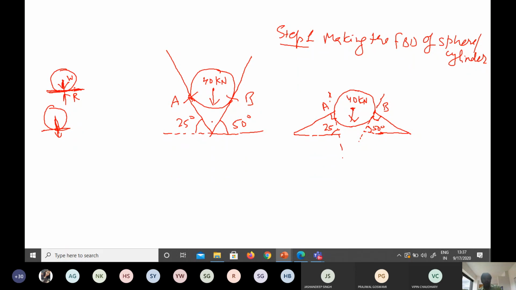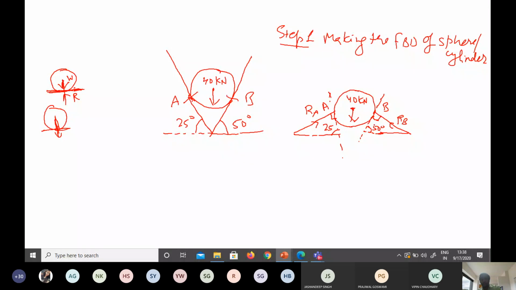Reaction will always act at 90 degrees to the surface. So this is the reaction RA. What is the surface? The surface is this. Reaction is at 90 degrees. Similarly, this is the surface, and the reaction is RB here, at 90 degrees. This concept is clear to you, because you have to use it every time you are solving problems of spheres.